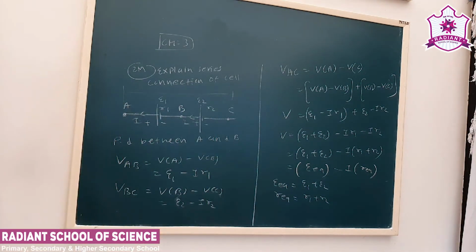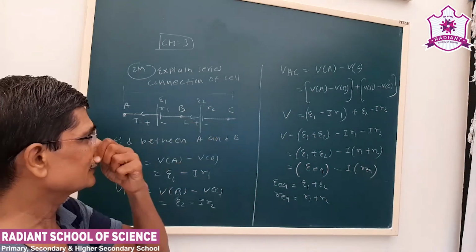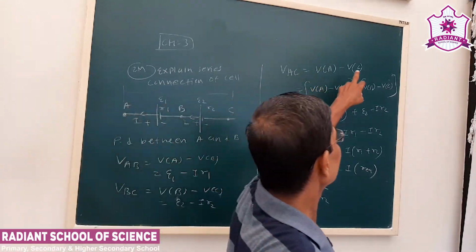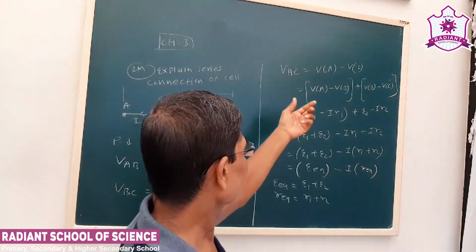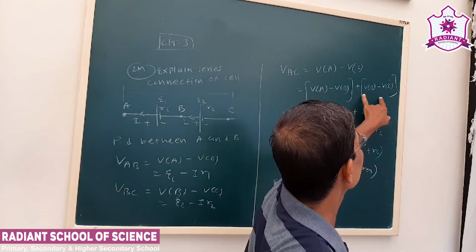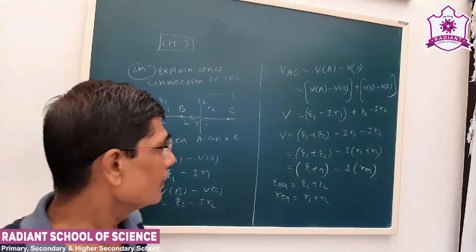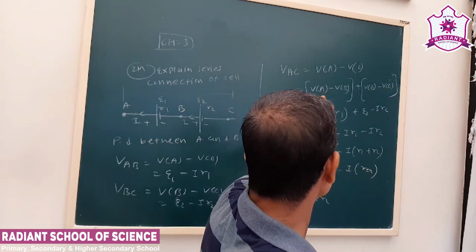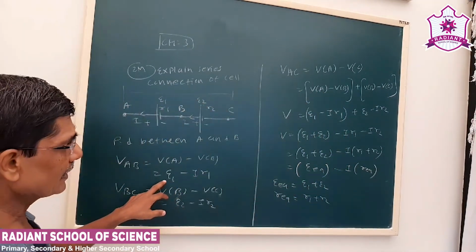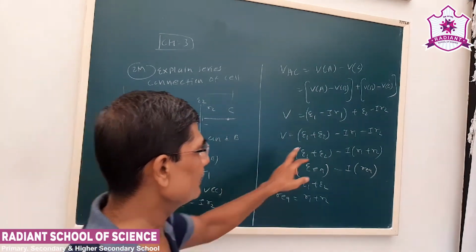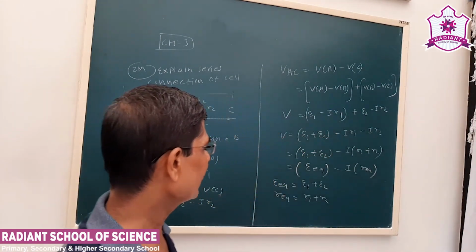Now we have to measure the PD between points A and C, that is VAC, which is VA minus VC. That I can write as VA minus VB plus VB minus VC. This is a simple mathematical arrangement. This VA minus VB is E1 minus IR1, and VB minus VC is E2 minus IR2.